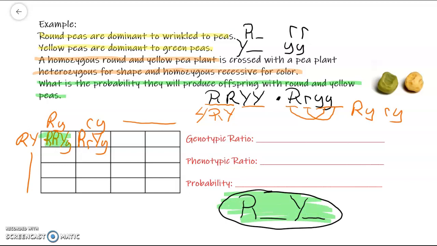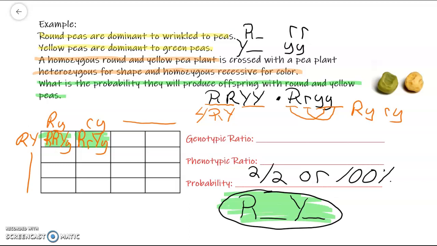This one does, has at least one big R, big Y. This one also does, big R, big Y. So our answer for probability is, again, 2 out of 2. Or obviously, if I work that out to a percentage, really it's 100% chance every single time that I produce an offspring. Genotypic ratio is much simpler this time around.